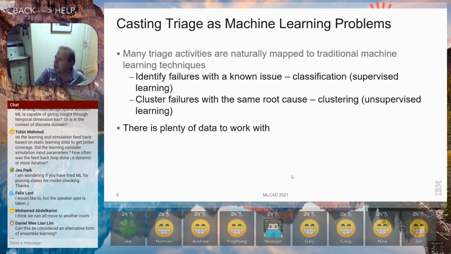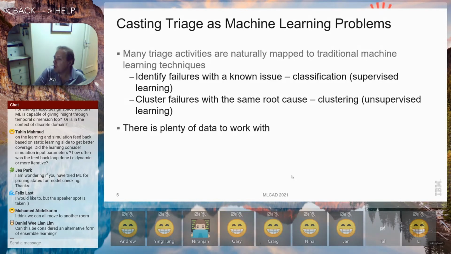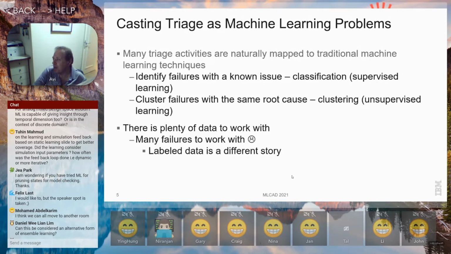The other thing that makes triage a natural candidate for machine learning is that we have plenty of data to work with. First of all, and I would say unfortunately, we have many failures. If I take IBM as an example, for just one environment, we can have thousands of failures every day.